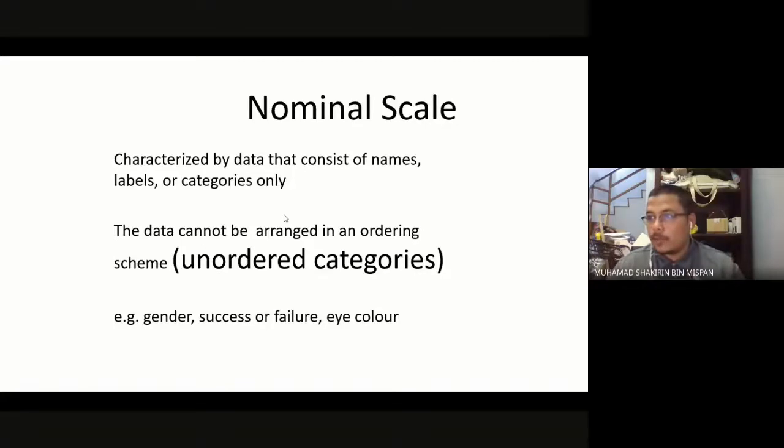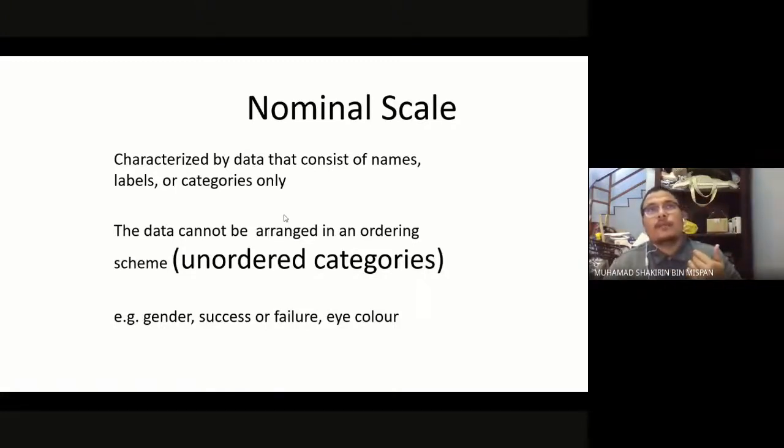What else? Your eye color. Is it blue or brown or black? Hair color. So you don't have order. You don't have white to black order. So you get A, B, C, or D. Or, sorry, so there is no order.